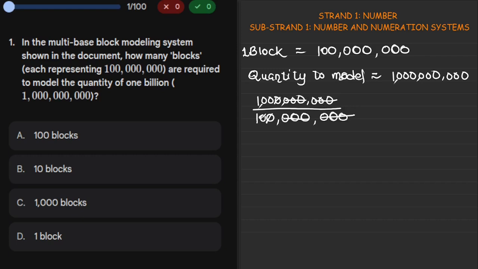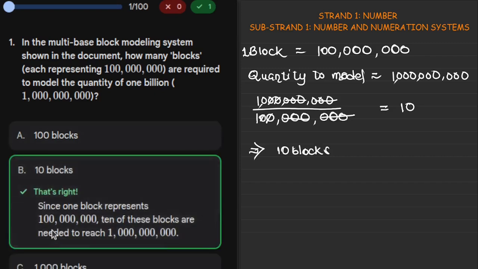This takes out this, and this takes out this. So we are going to get 10. It simply means that to model the quantity 1 billion, we actually need 10 of the blocks to do that. So that will be B.